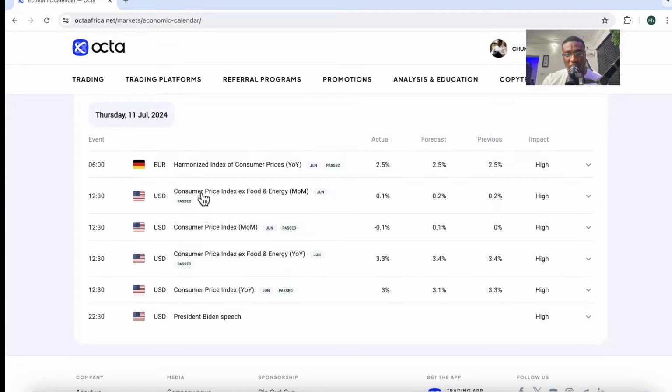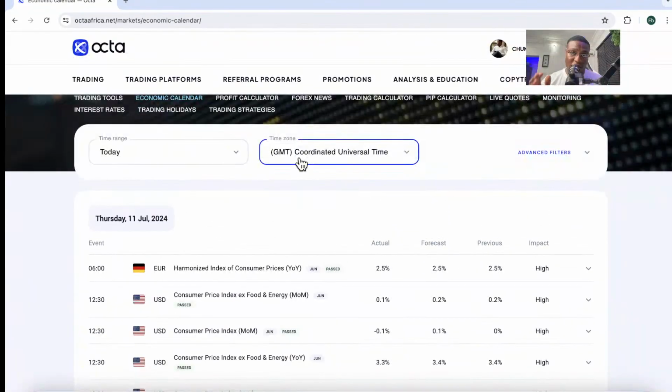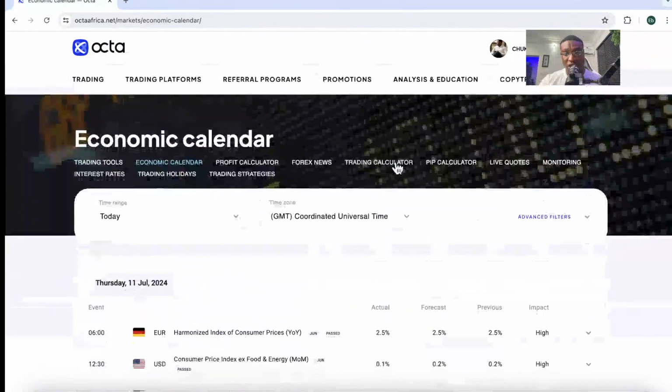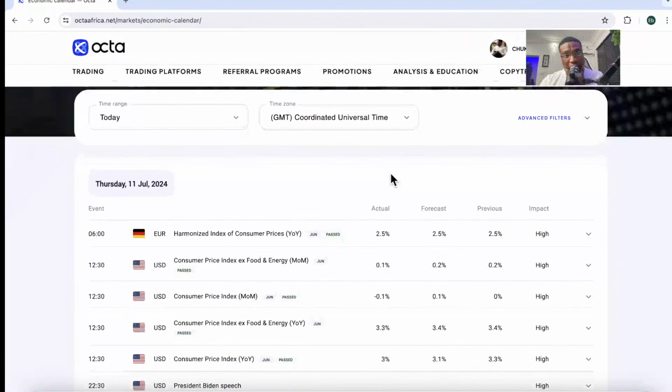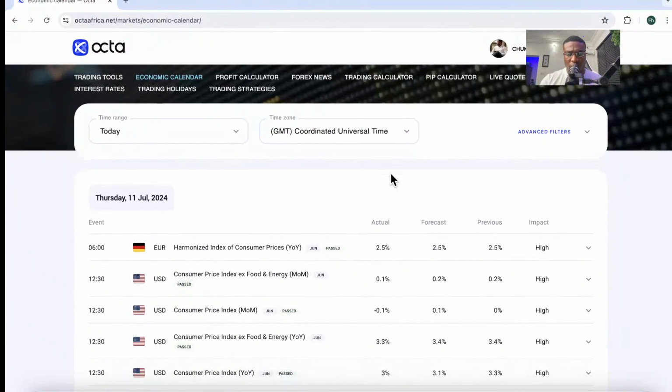And that's why when you're looking at the economic calendar, you don't just trade it in isolation. You also combine it with technical analysis. So I'll just give you guys a brief introduction to the economic calendar. This is the Octa economic calendar. I'll show you guys how to use it. And at your own time, you can do the practice.